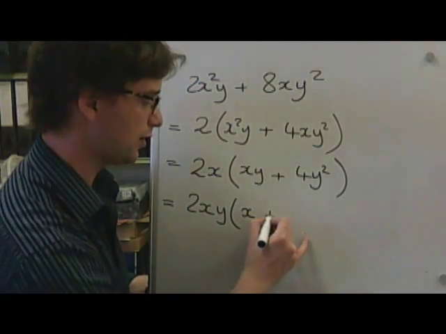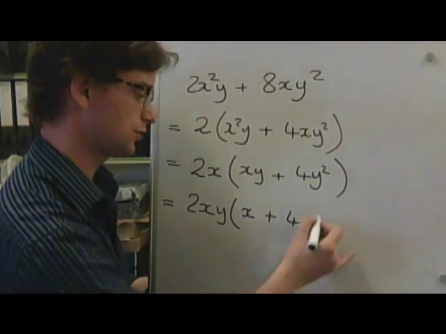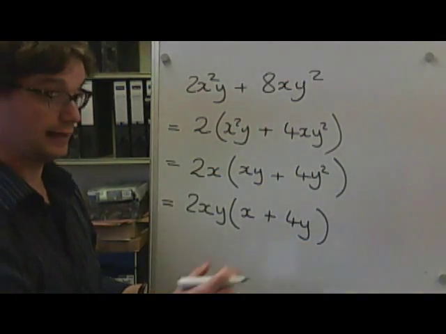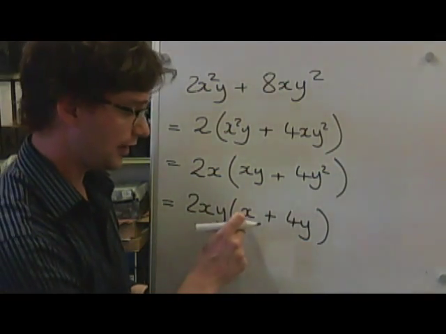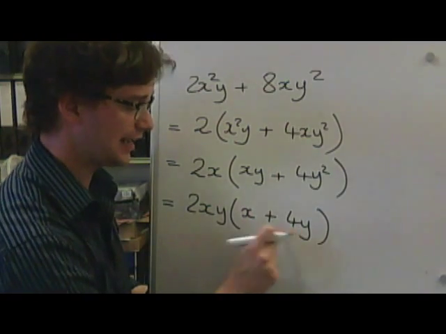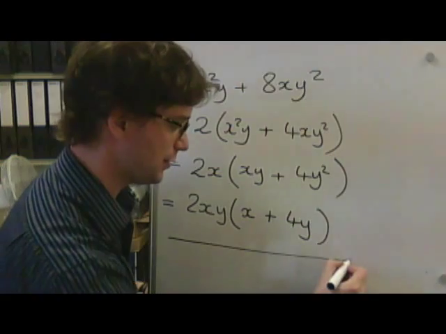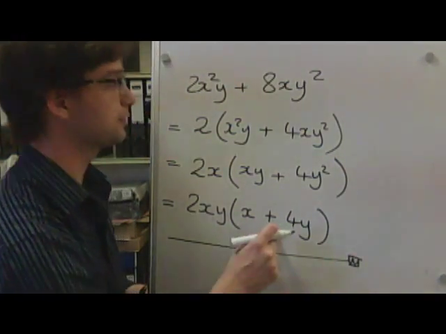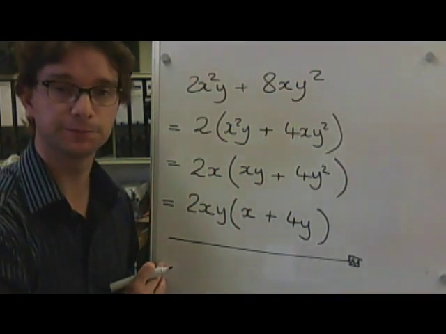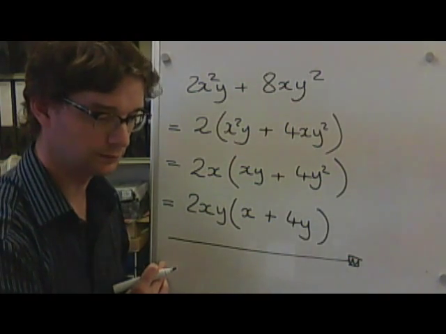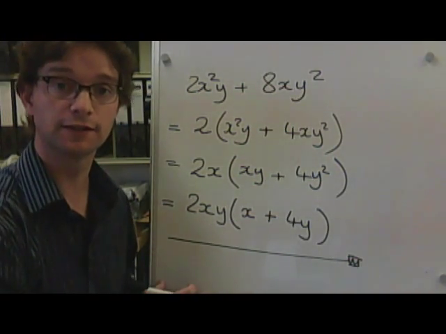And if I pull out a y from this, I've just got 4y left. And now I've gotten to the point where I haven't got anything I can get out of here and here together. So this is my final factorisation of this starting point. So there we go. That's how to factorise simple brackets.